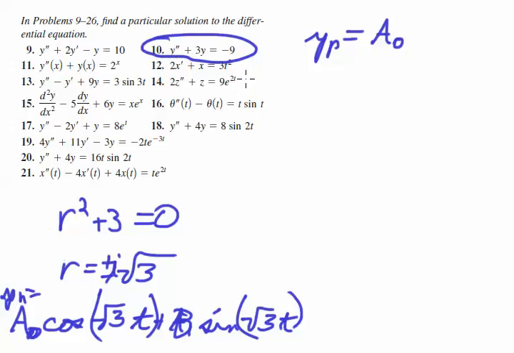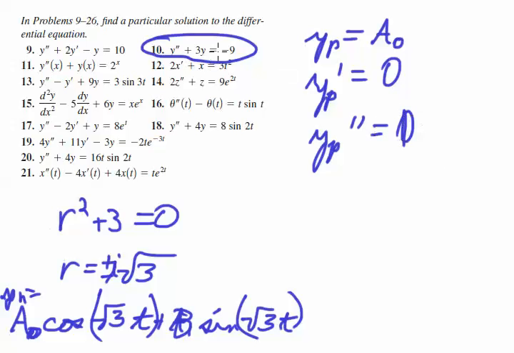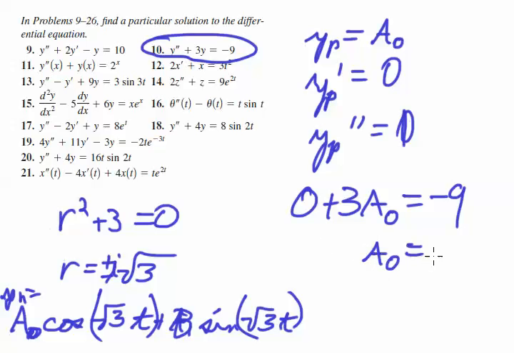And then we're going to plug in that y sub p prime equals 0, and y sub p double prime equals... no, it's 0. So immediately when we plug that in, we get 0 plus 3 a sub naught equals negative 9, and we can see that a sub naught is equal to negative 3. So our particular solution is negative 3.